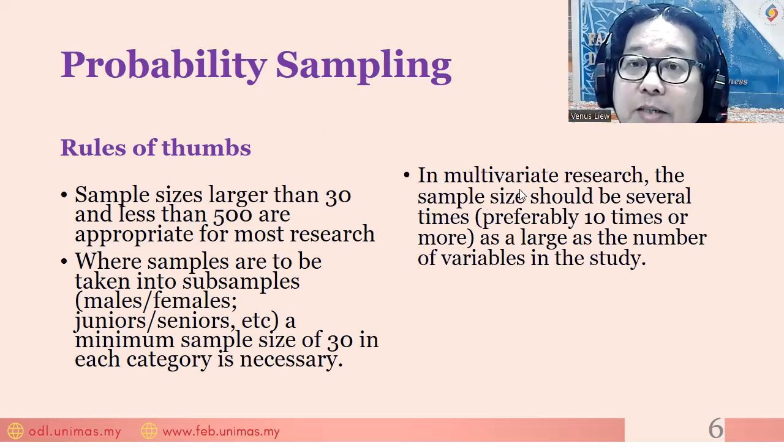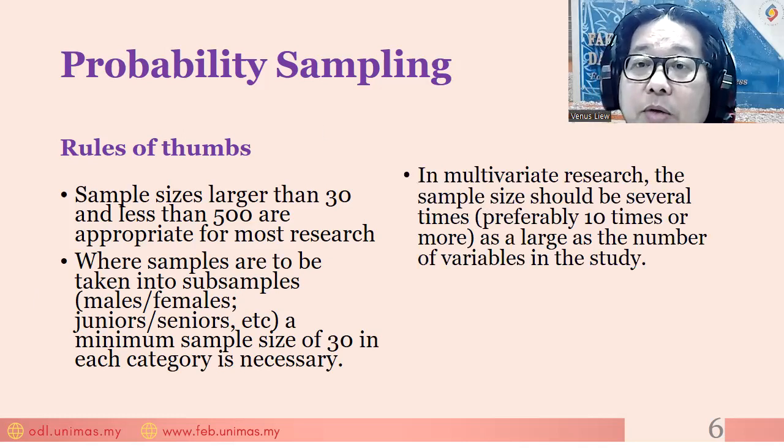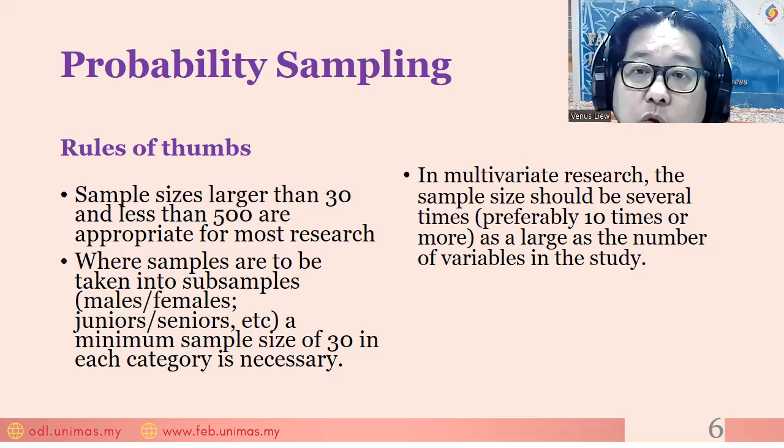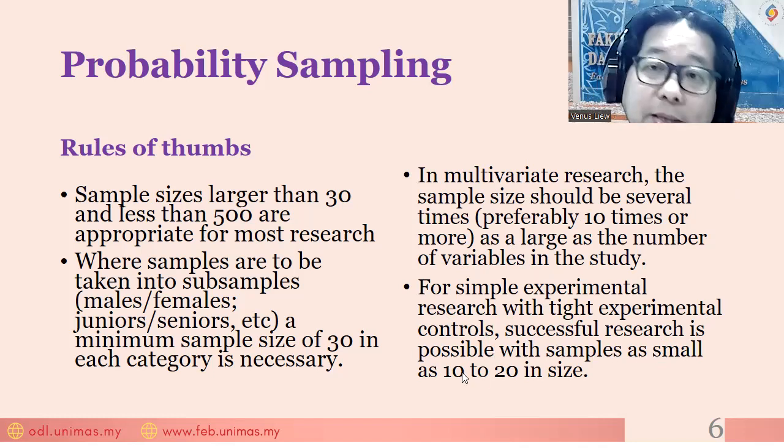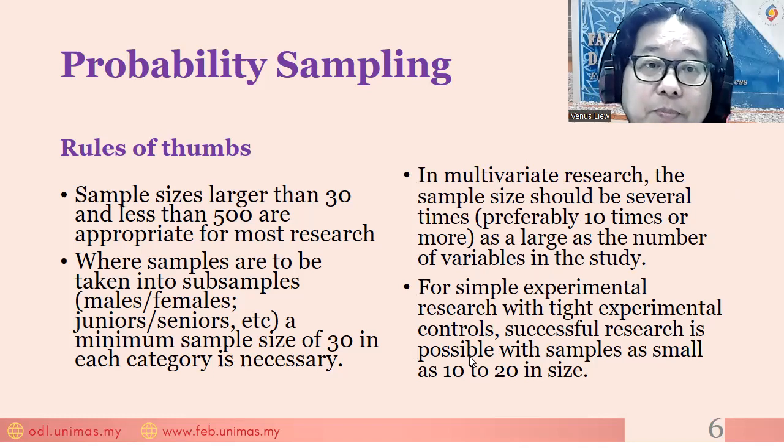In multivariate research, whereby we have included more than one factor, the sample size should be several times as large as the number of variables in the study. For simple experiments with tight experimental control, successful research is possible with samples as small as 10 to 20 in size.